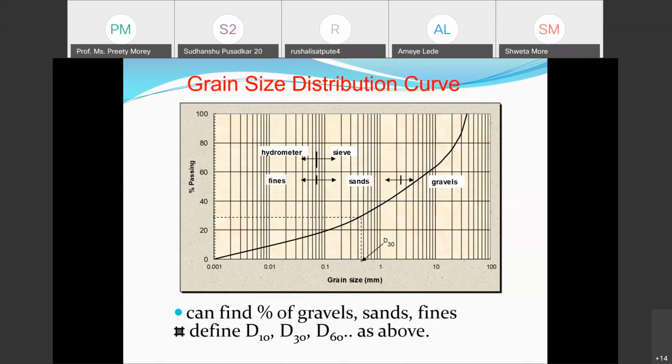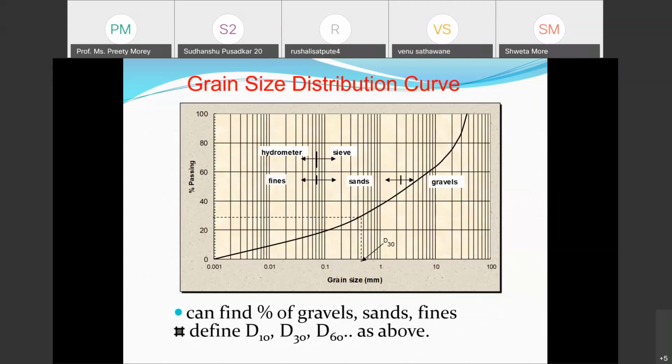Put the soil on the top sieve and shake it well, and we get different particles retained on each of the sieves, and from the retained soil we get the percentage passing. Once you get the percentage passing, we can plot this curve, which is called the grain size distribution curve, with percentage passing on the y-axis and grain size on the x-axis.